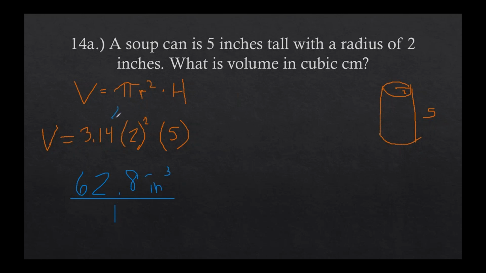Again, because we have the radius here, this is 2 inches. We squared it, which is another 2 inches, and then we had the height, which is 5 inches. Okay, so 62.8 inches cubed, but we want to go to cubic centimeters. Can we go from inches to centimeters?